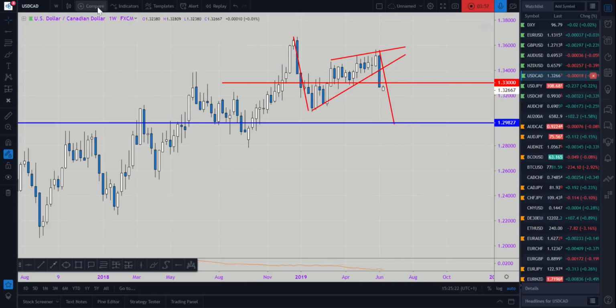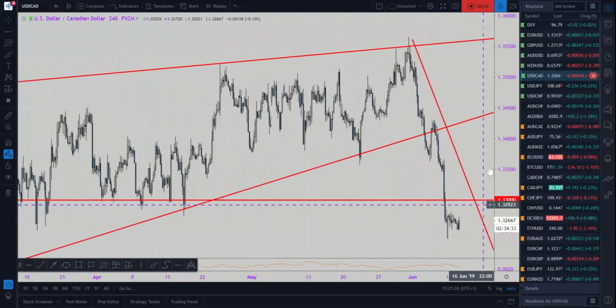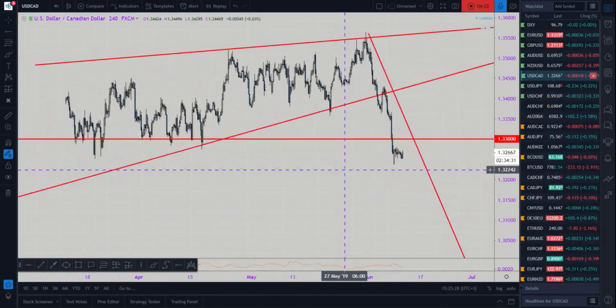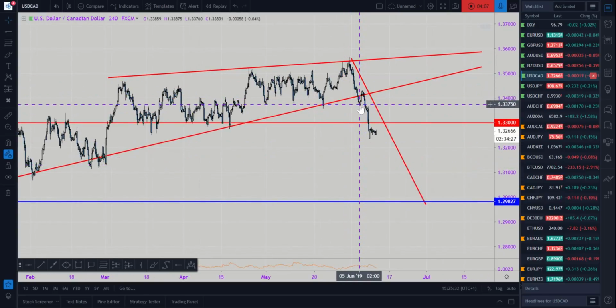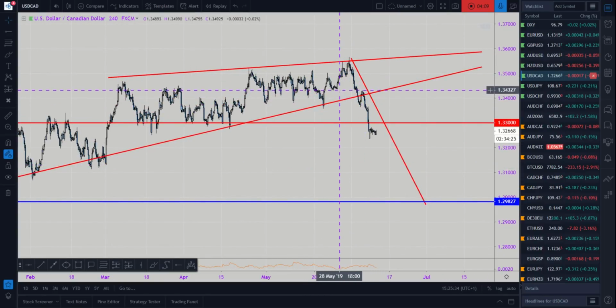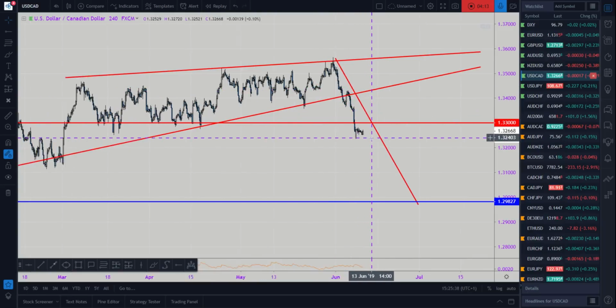What I'm looking for is the market to trade back up towards this 1.33 level on a 4-hour time frame. Again, you can see a nice breakout of that consolidation, pullback. We retested these lows around 1.3440, and we've continued that impulse move down.